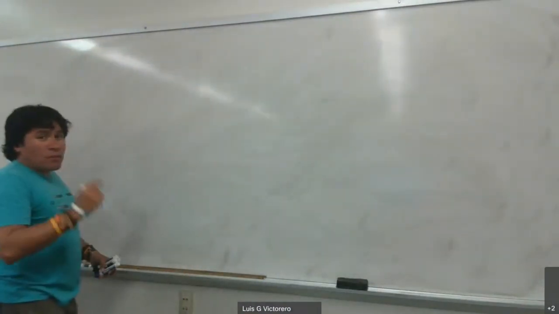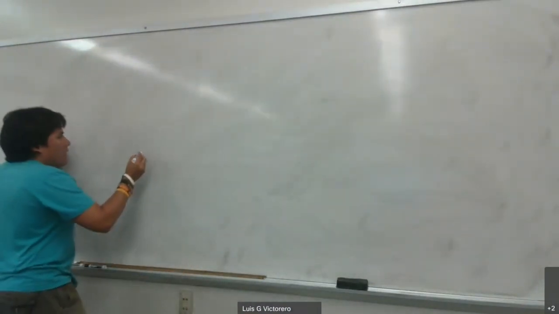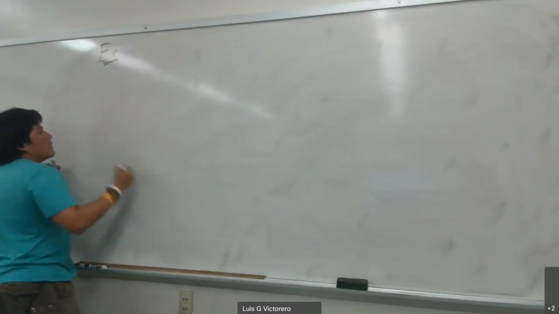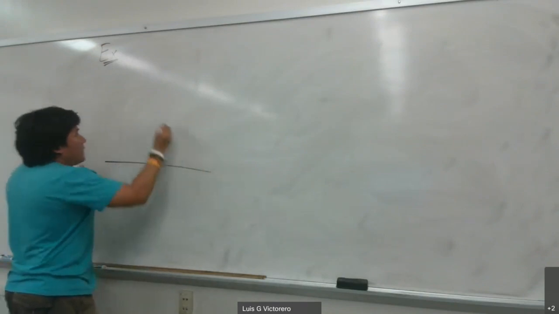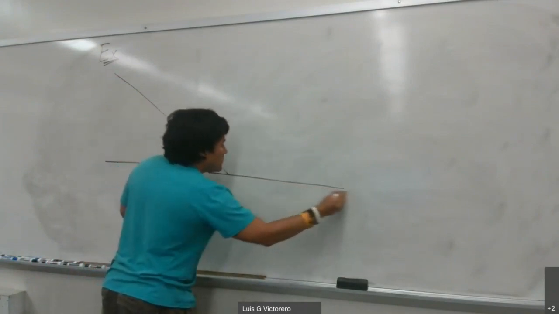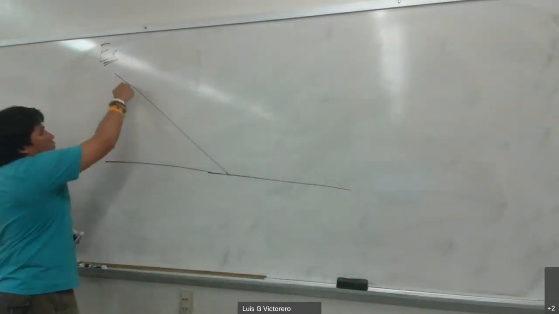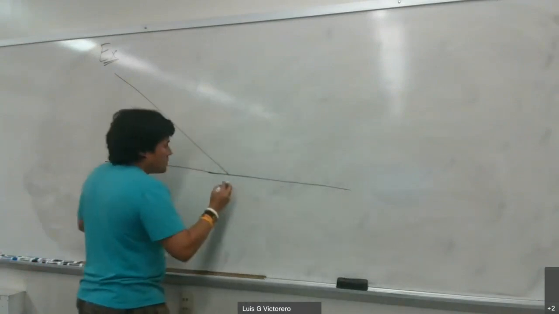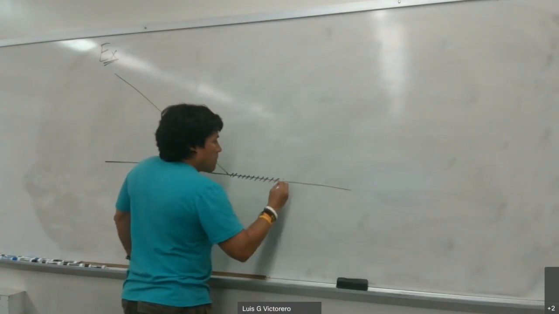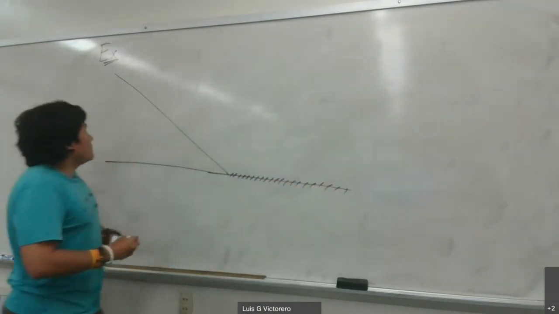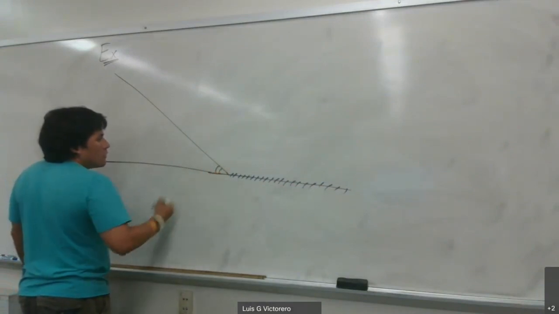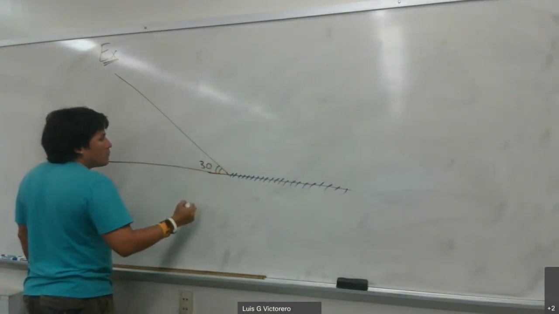You will see how much more simple it is to do problems with energy. Let's put here an example. You have an inclined plane. No friction here, but friction on the horizontal. The angle is 30 degrees.